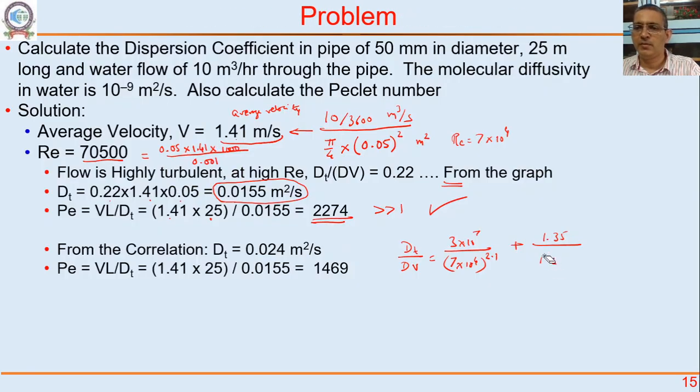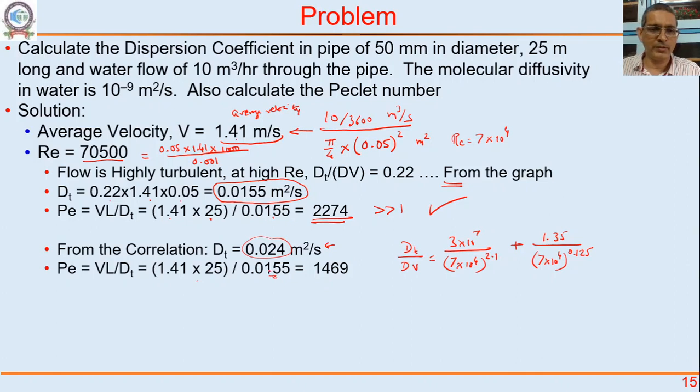Re means 7 into 10 raised to 4. This will be dt by dv, and then multiply by d multiplied by v, you will get the dispersion coefficient. You will get this value. Peclet number would be VL by dispersion coefficient. Either you can take this or this value, whichever one.